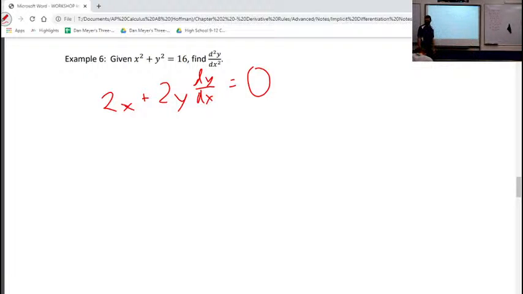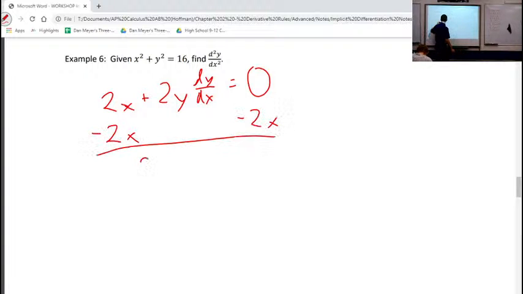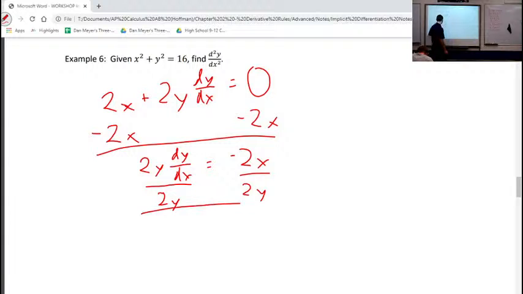Anything that has dy dx gets booted out. So dy dx, the 2's are going to cancel, and there's still a negative there, so it's going to be negative x over y.